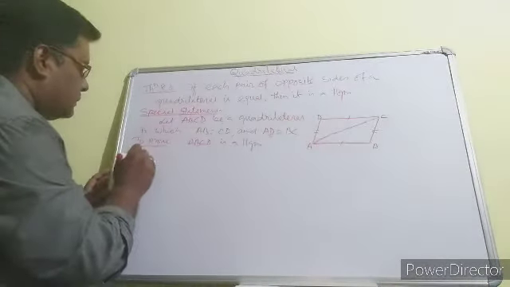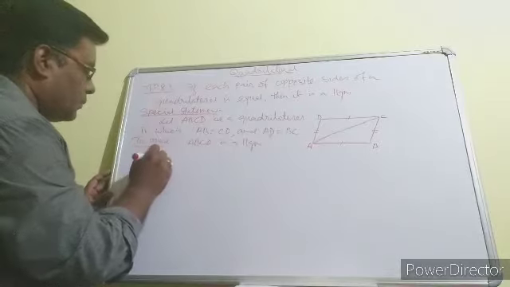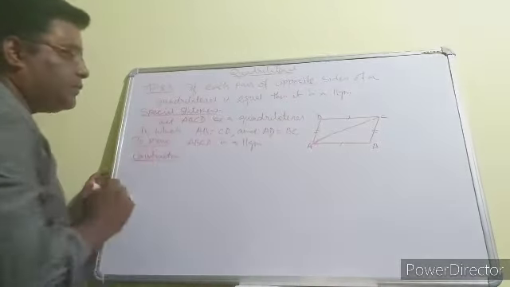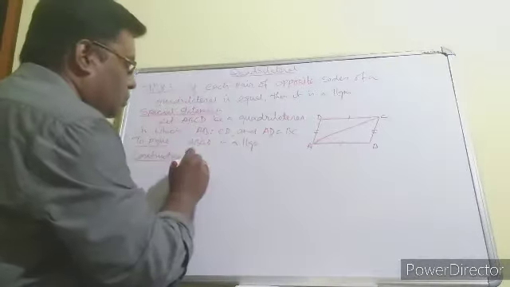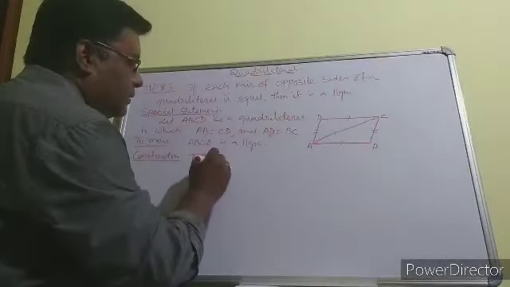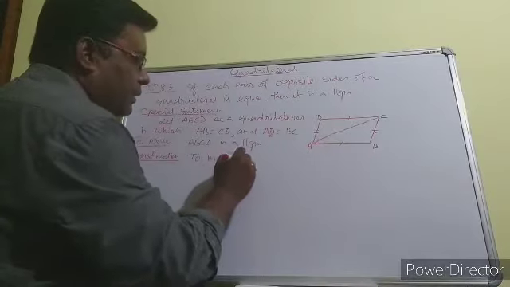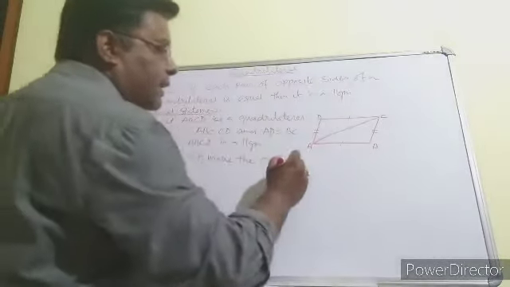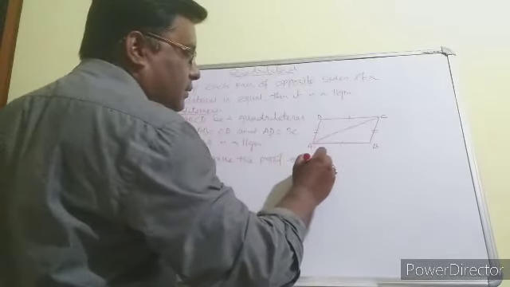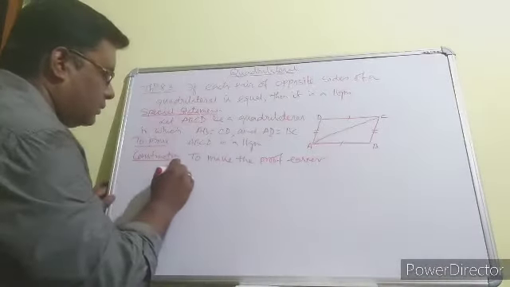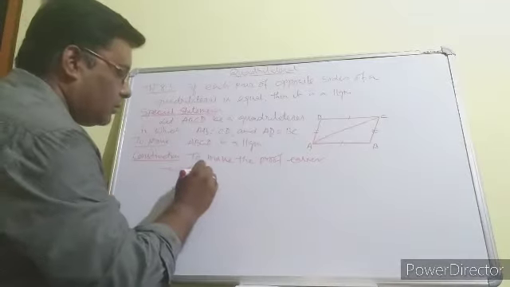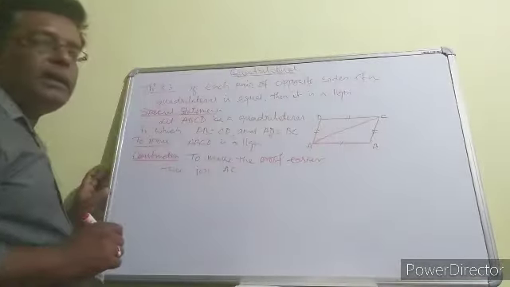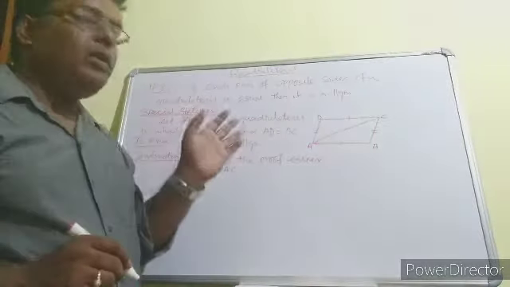So construction: to make the proof easier, we join or draw the diagonal AC. We join AC. Now how do we prove it?